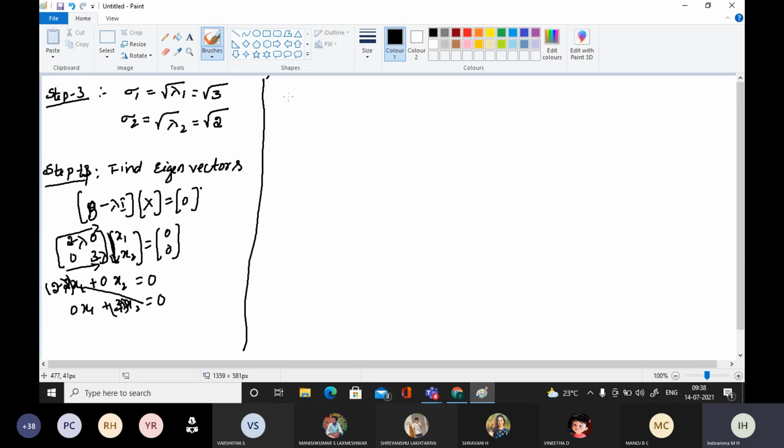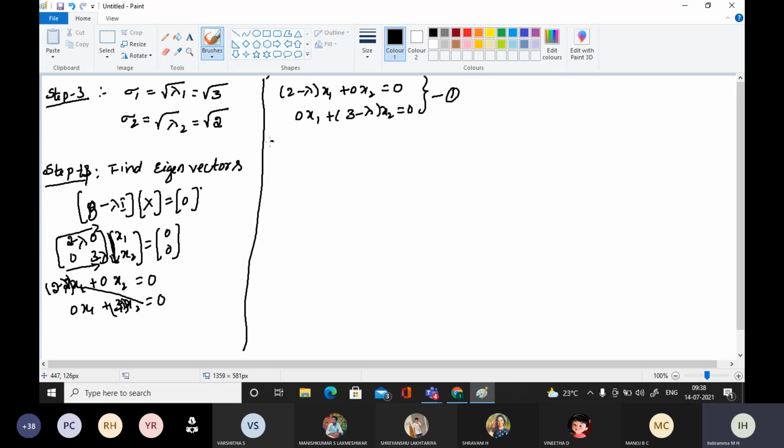I will write clearly here. So (2 minus lambda) x1 plus 0 x2 equal to 0. Next 0 x1 plus (3 minus lambda) x2 equal to 0. We call this system 1.